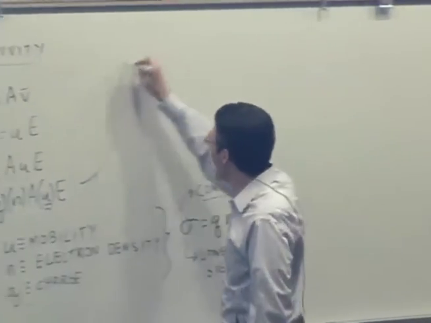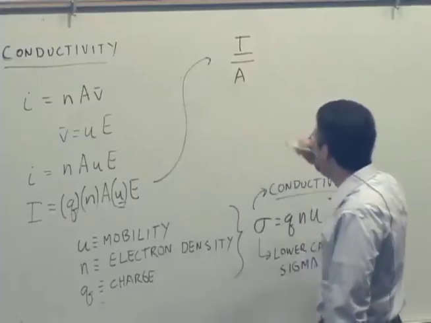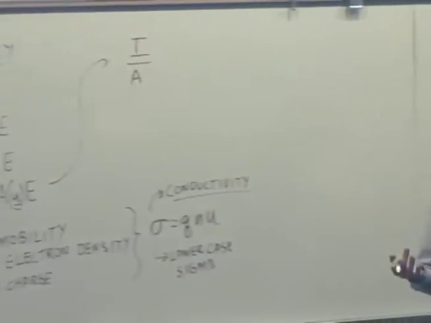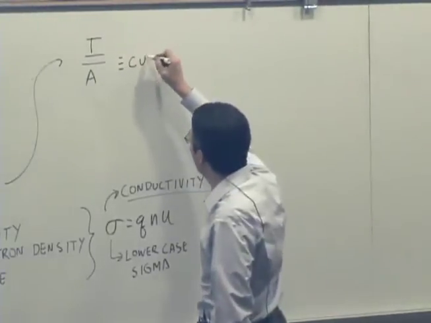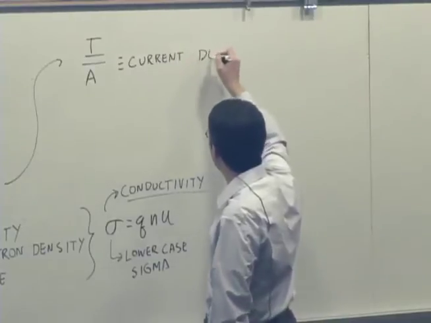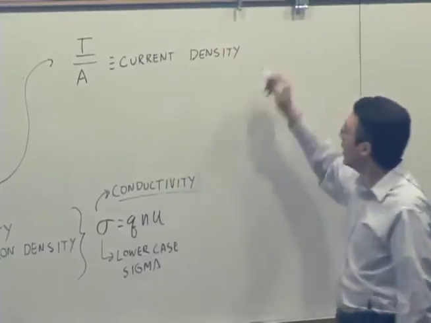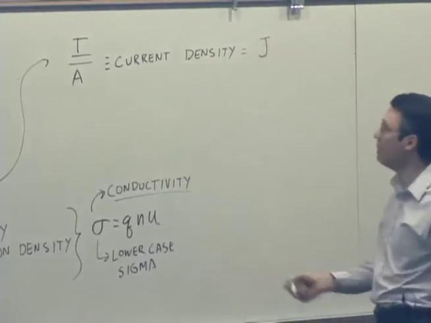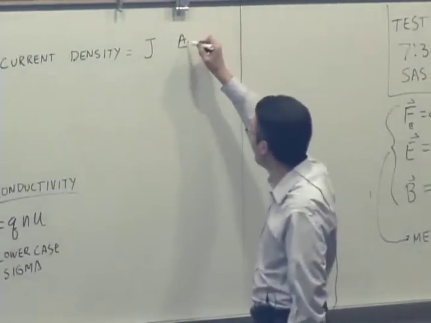Sometimes this is rewritten as I over A. This is current per unit cross-sectional area. Sometimes this is called the current density. We're not going to talk too much about this, but you might see it in future courses, so just giving you a little heads up. This is sometimes given the symbol capital J. It's just the number of amps per meter squared.